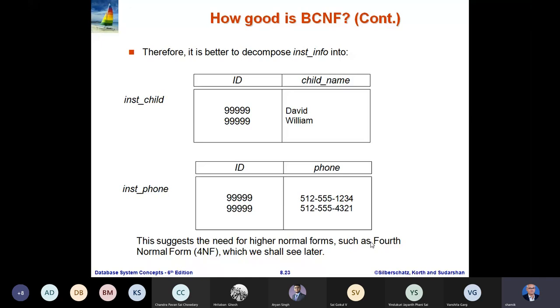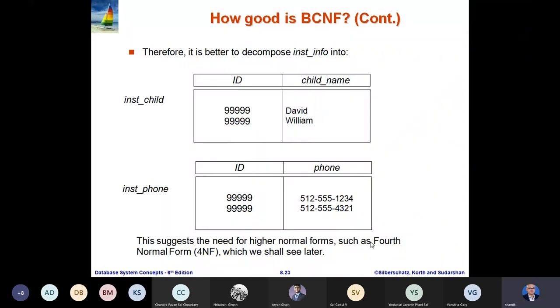So far we have talked about first normal form, when we said that it would be atomic. The second normal form is not of much use, so we do not discuss that. The third normal form we have defined. The BCNF we have also defined, and then we are talking about fourth normal form, which arises due to multi-valued dependency. We'll look into this fourth normal form later.